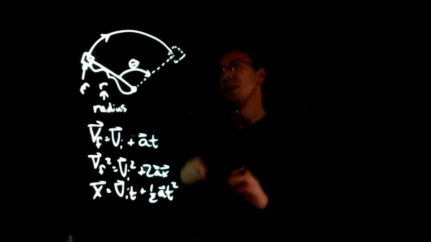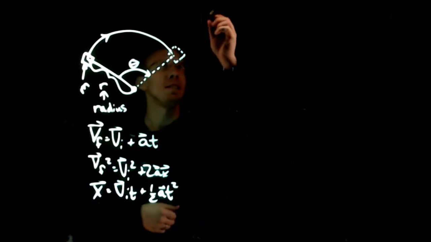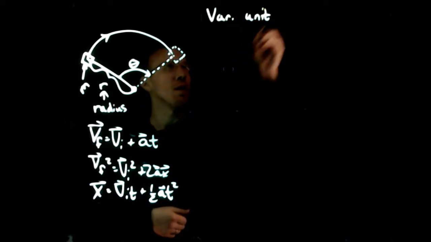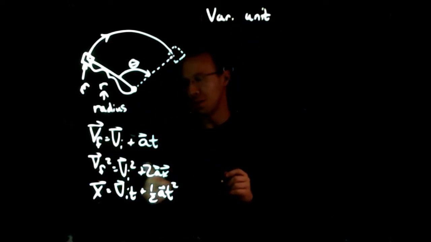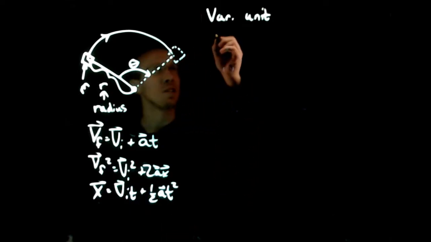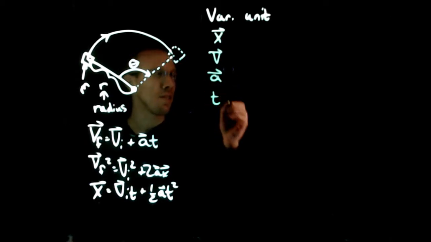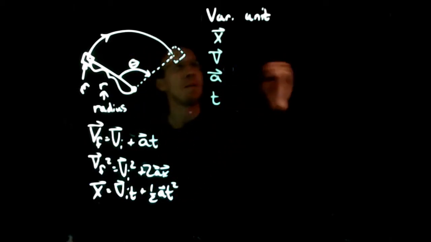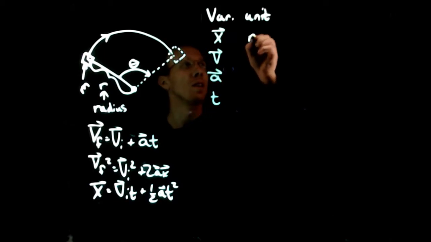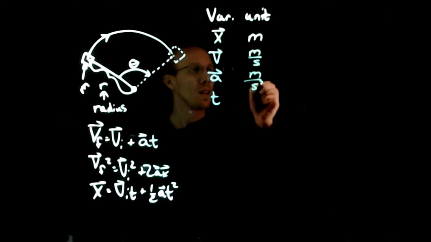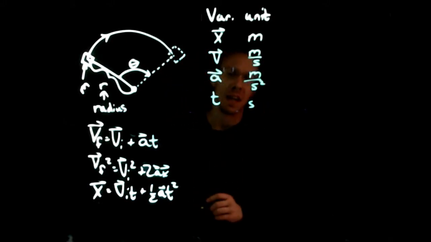So let's go back here and write down the variable and the unit. There's four possible variables from our kinematic equations. You have X, you have a V, you have an A, and you have a T. And if you remember, the units were meters, meters per second, meters per second squared, and seconds.